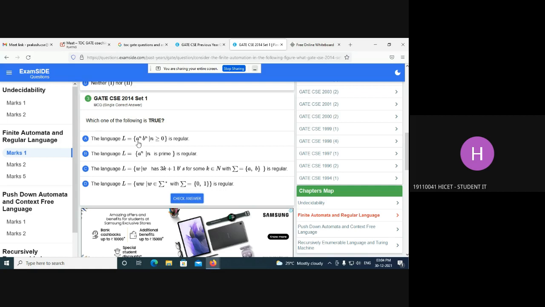Finite automata deals with only single characters, like A power n. If it comes like that, then only the term will go to an accepting state. A star, B star, A power n, B power n. So here you are having choices A and D. We are having two different characters, A and B. So first you reject those types of wrong choices. Are you able to get it?